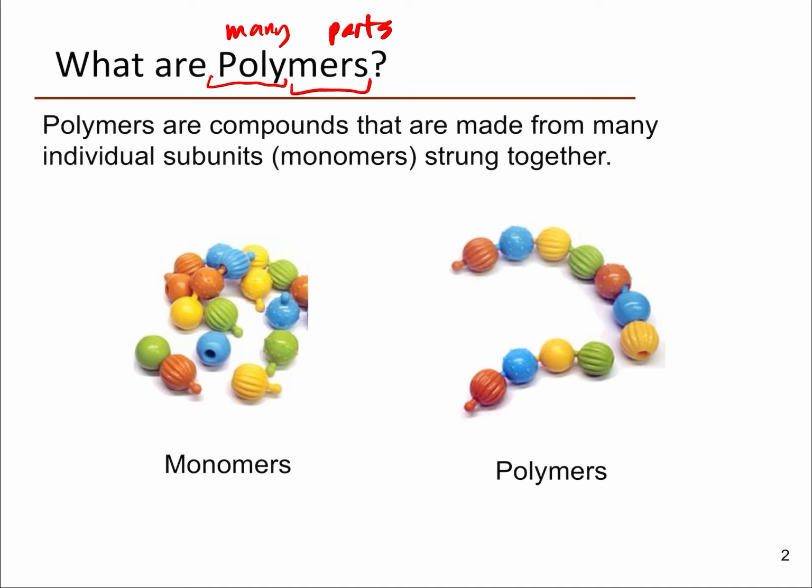You can kind of see what I mean in this picture. If you think of these beads, you can connect them in a big long row to make a big long string, and the polymer would be the long string made of many little parts, and the individual pieces all by themselves we would call monomers, where mono means one.